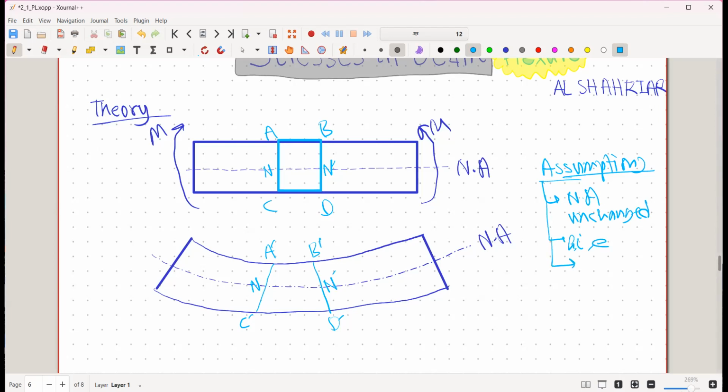Then we can see the sectional plane will remain intact after the bending moment is applied.